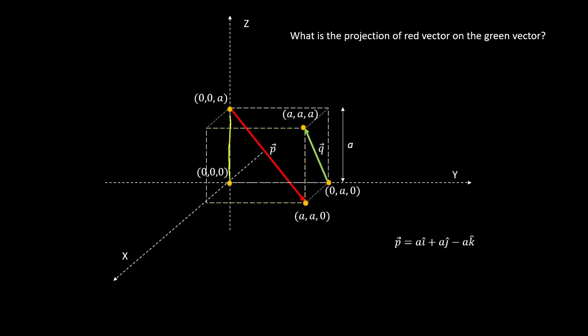This vector is of course a k cap, and this vector here is a i cap plus a j cap, and we are subtracting these two vectors. This is the initial and this is the final point on the vector. You have to subtract final minus initial, and then you will get that vector.